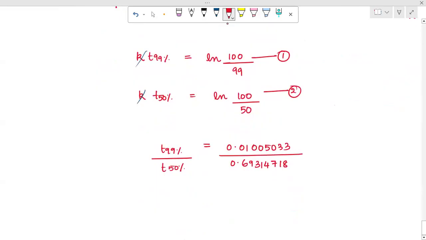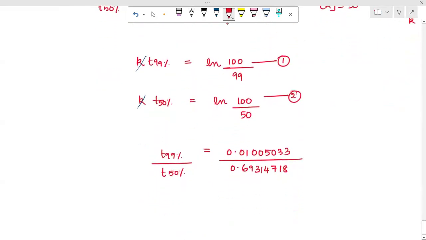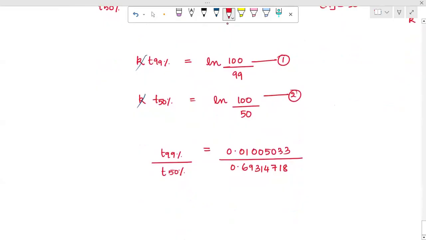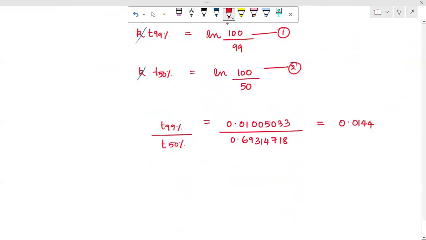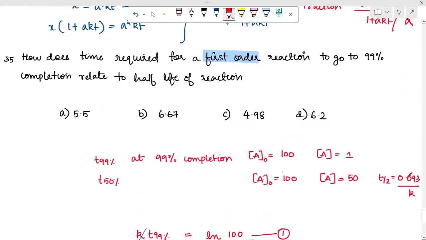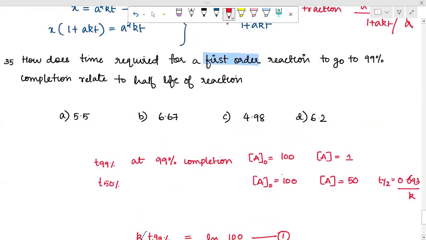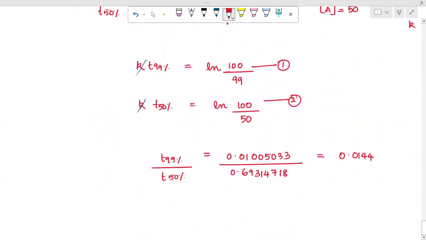There's some problem. Just a second, please. We'll do it the other way around. This ratio, what I'm getting is 0.0144. What if we do it the other way around? 0.6931478 divided by 0.0100503. I'm making some mistake. Just a second, please.